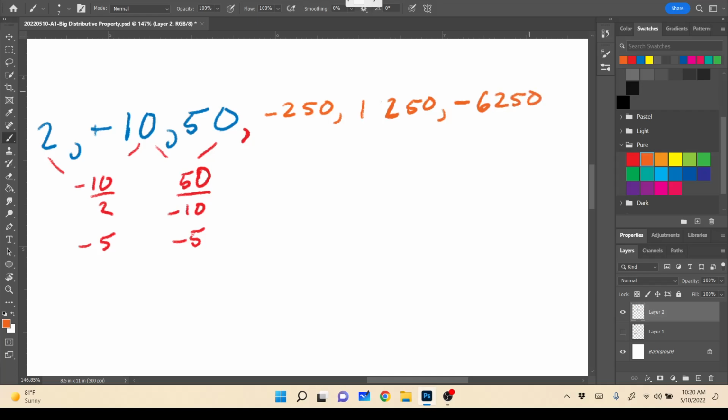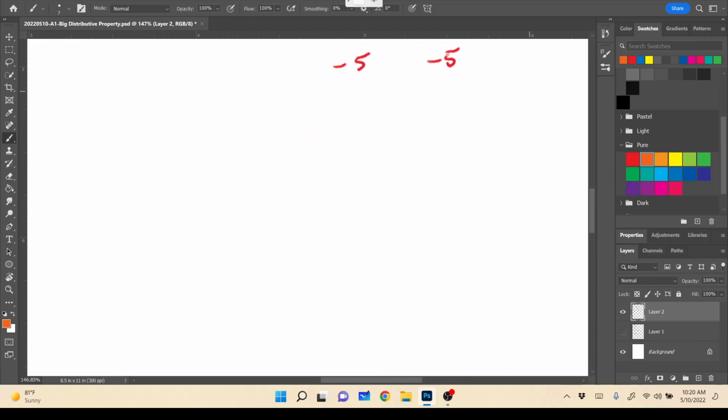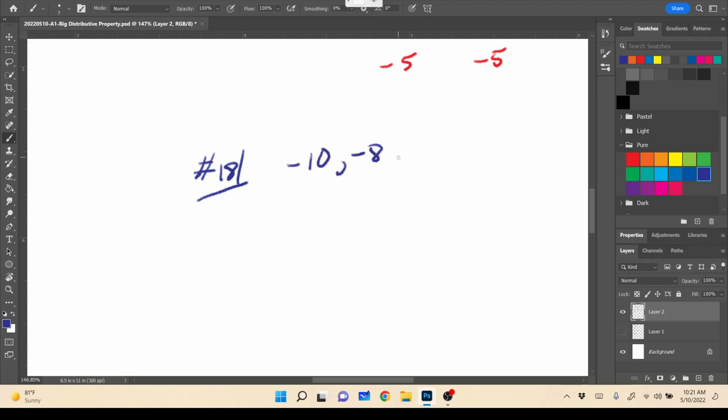Okay. Can we do 18? Yep. 18 is we want to figure out what it is, and the sequence is negative 10, negative 8, negative 6, negative 4. 18?